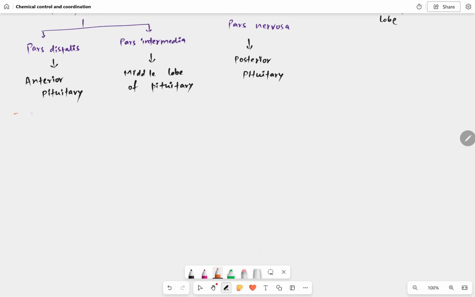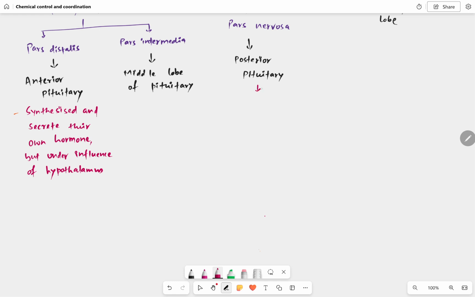It synthesizes and secretes its own hormones, but under the influence of the hypothalamus.